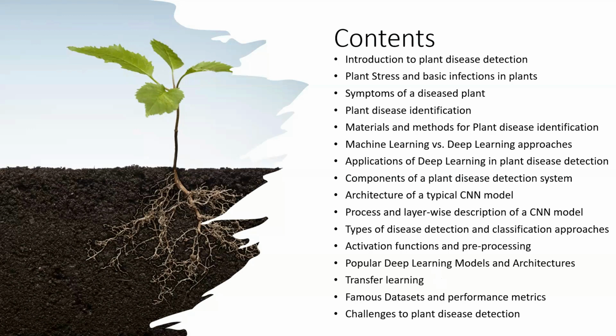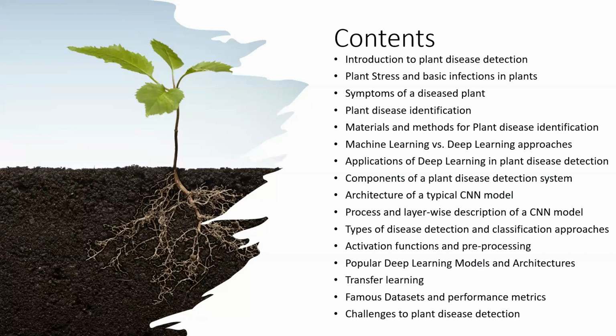Then popular deep learning models and architectures we will discuss, followed by the transfer learning concept that is very popular nowadays. In case we have a small amount of data, we can apply the transfer learning concept. Then I will share some famous datasets that you can use for your research purposes. Also, I will tell you how you can create your own dataset and how you can upload the dataset to public repositories.